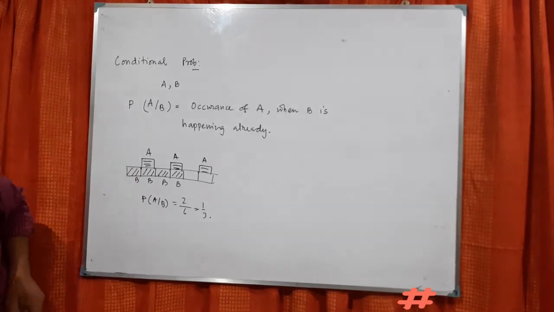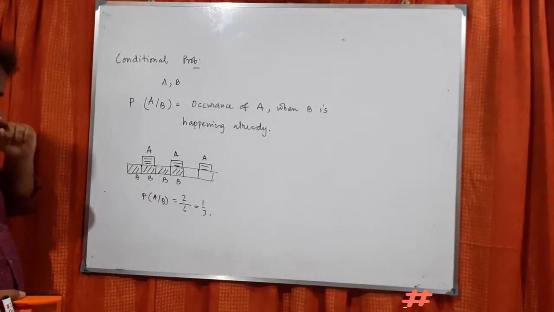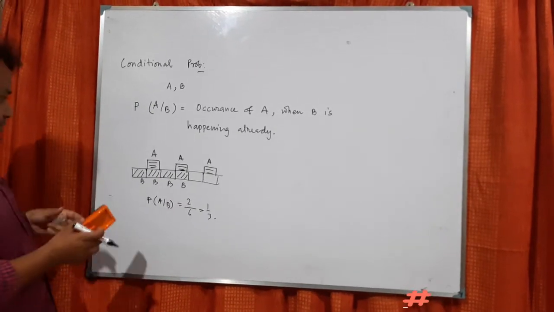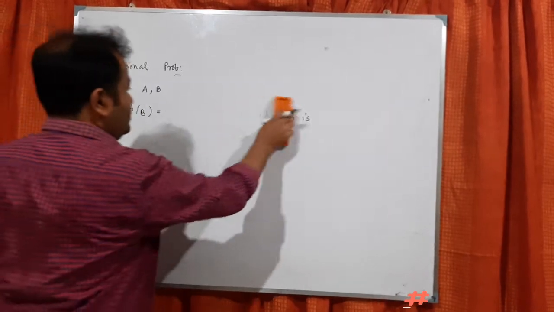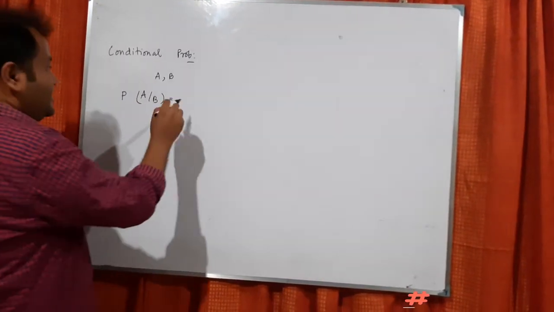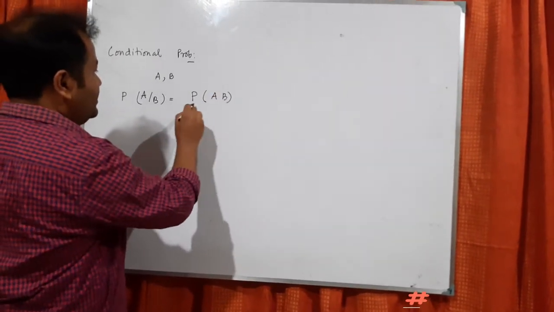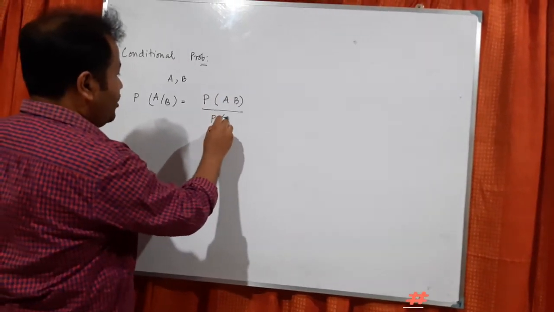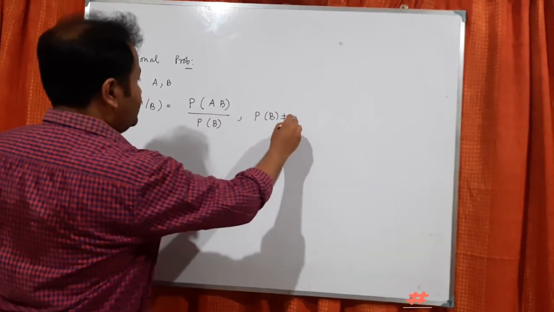But all the time you may not be able to draw this, or do that. So how to solve this? The definition is P of AB divided by P of B, provided P of B is not equal to 0.